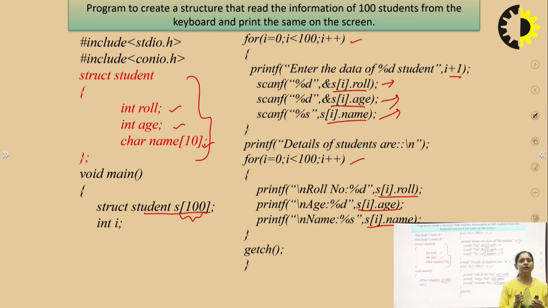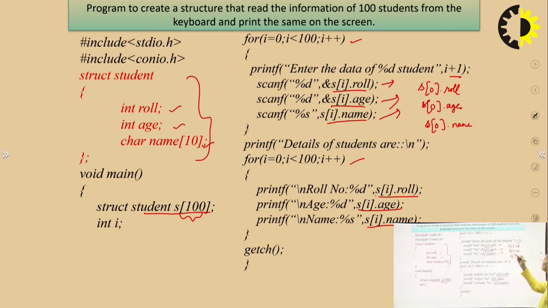So, for the first student, the value of i is 0. So, S0.roll number, how will it run? For the first student, it would be S0.roll, S0.age, S0.name.